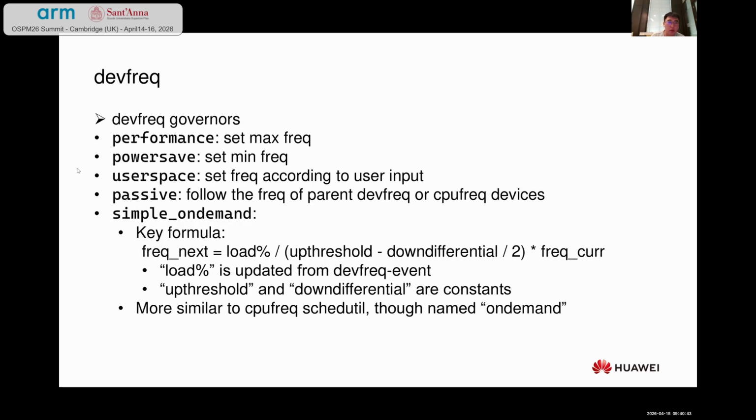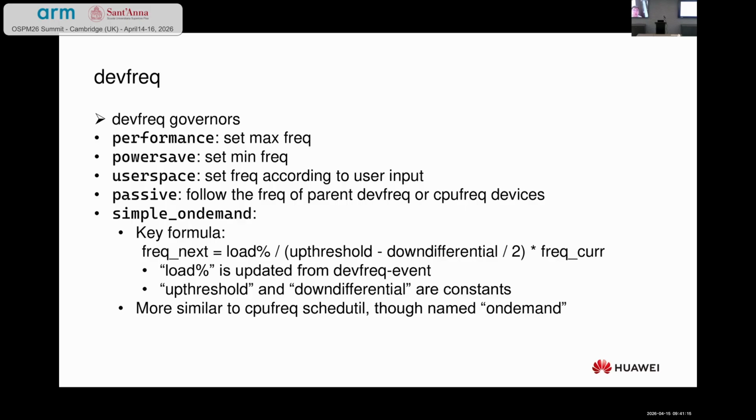Just a bit more explanation of this, we need to explain what those existing governors are, for elaborating more on the following parts. So there are 5 open source governors at the moment. The first 3 are similar to the cpufreq: performance, powersave, and userspace.